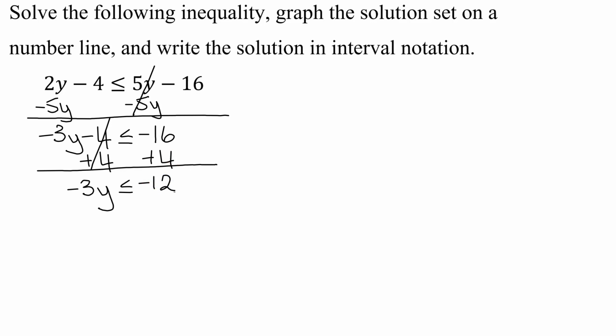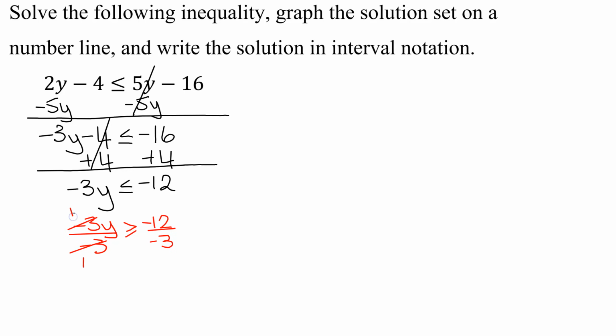So that's just like solving a linear equation. But now to get y by itself, I'm going to have to divide both sides by a negative number. And what happens when you divide an inequality by a negative number? It reverses the inequality, so my less than or equal to becomes greater than or equal to, as I'm dividing both sides by negative 3.